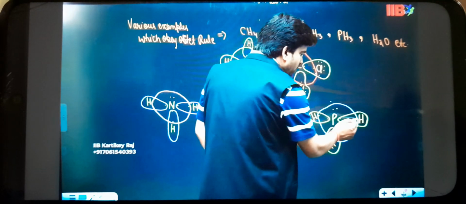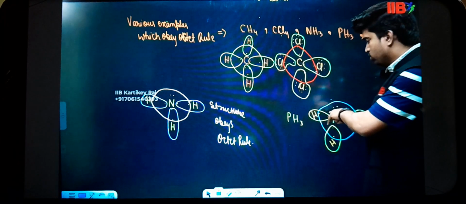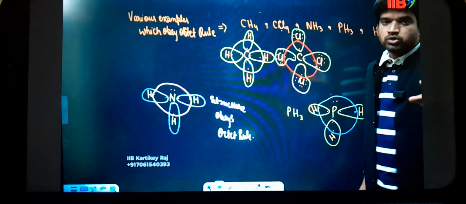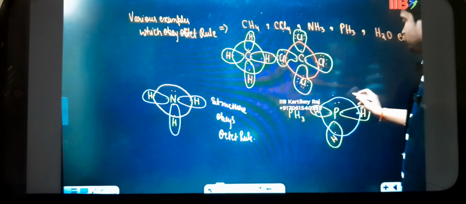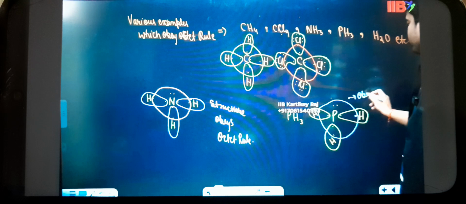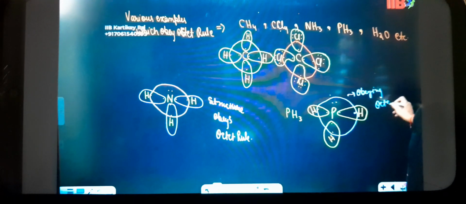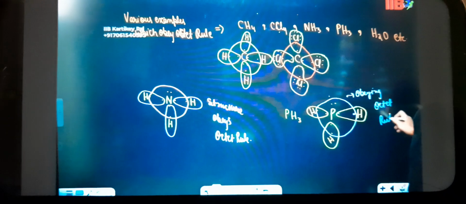Once they take the electron of hydrogen, what is the total number of electrons in the phosphorus? You find 2 plus 2 is 4, plus 2 is 6, plus 2 is 8. So here, sir, it is also obeying the octet rule. Are you getting my point, guys?